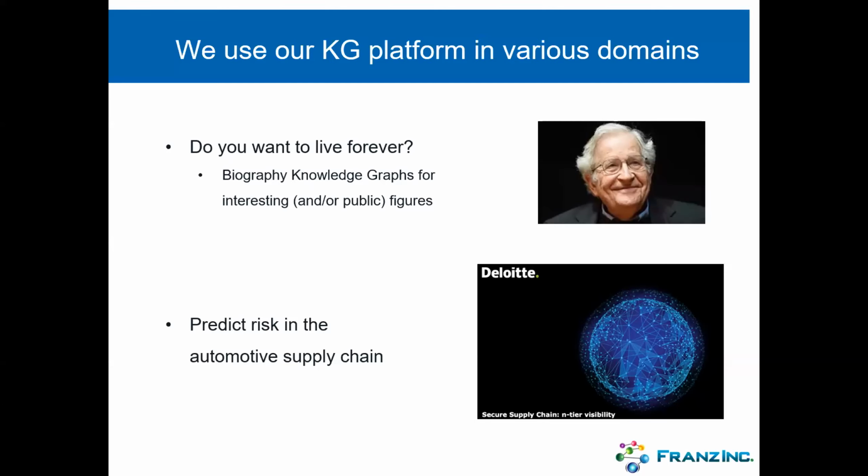We work with companies like Deloitte, where they take an entire bill of material of a car and put it into a knowledge graph, and then they link that knowledge graph with the knowledge graph of the logistic processes. So now you linked the parts of a car to the logistic processes, and that gets linked then to a knowledge graph about world news.